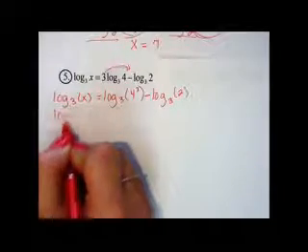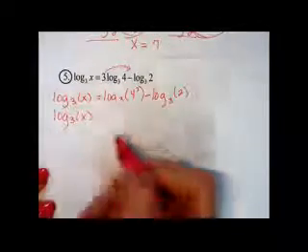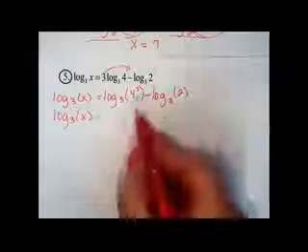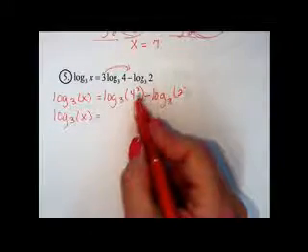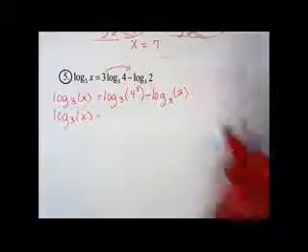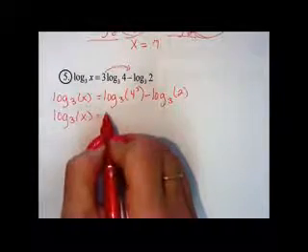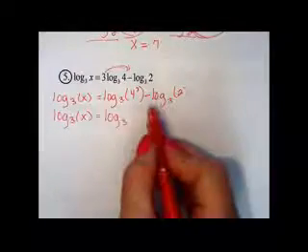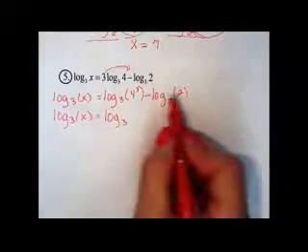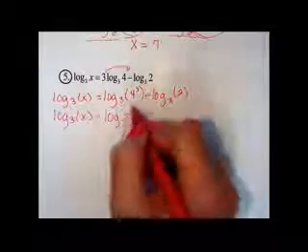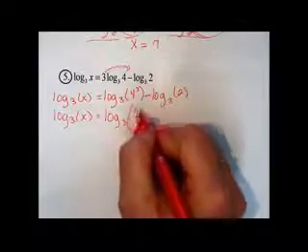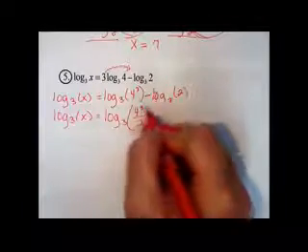So we have log base 3 of x equals. Now, you don't need to calculate this, or you can. 4 to the third power is 64, but you don't need to. Log base 3, since they're subtracted, we're going to take this and divide it by this. Log base 3 of 4 to the third power divided by 2.